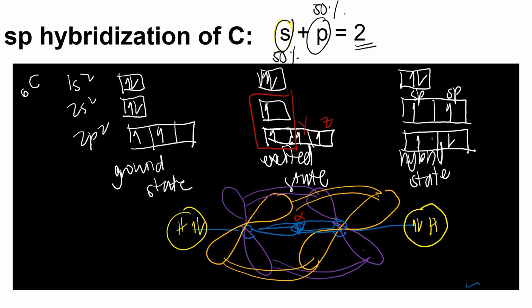So this is the example of C2H2. And note that the bond angle for your sp hybridization is 180 degrees, and the shape, because it's 180 degrees, is linear.